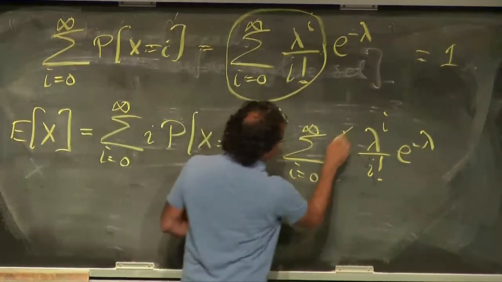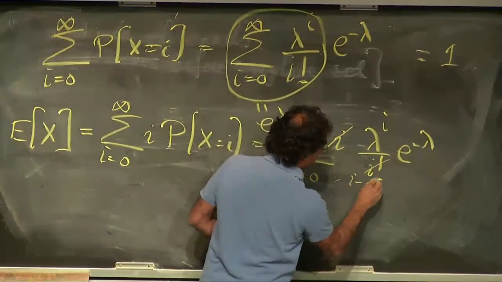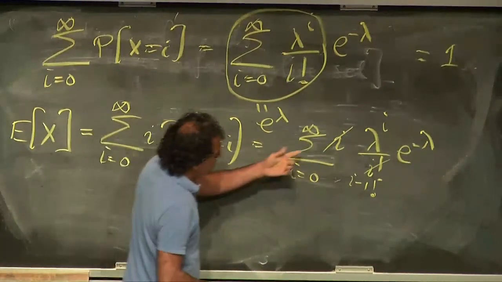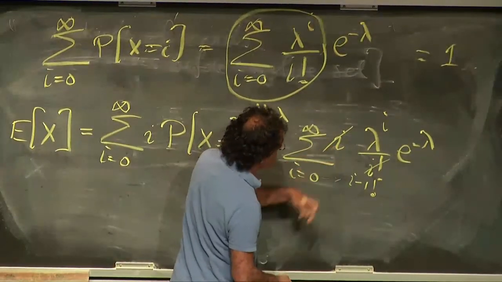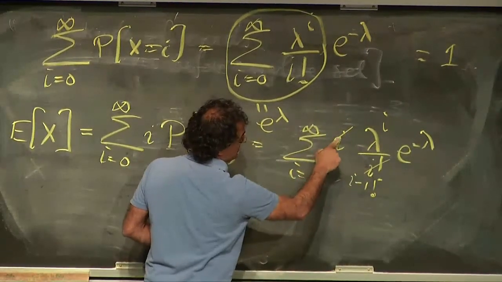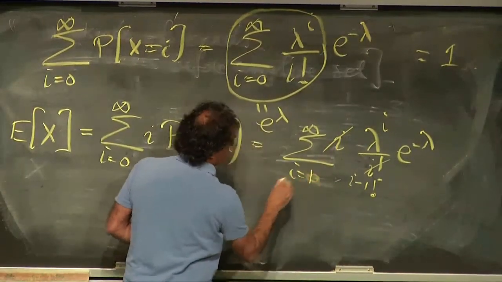And now you can cancel these and you get i minus 1 factorial. Actually, before that, you notice that when i equal to 0, this is 0, so you may as well start the summation from i equal to 1.